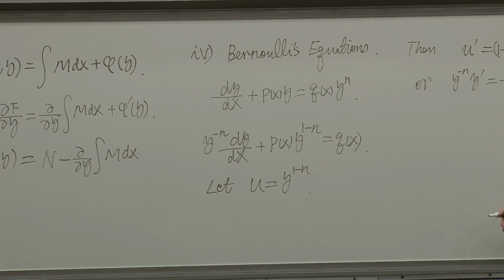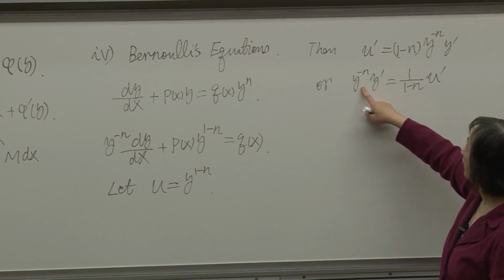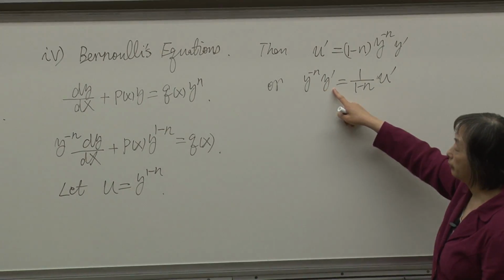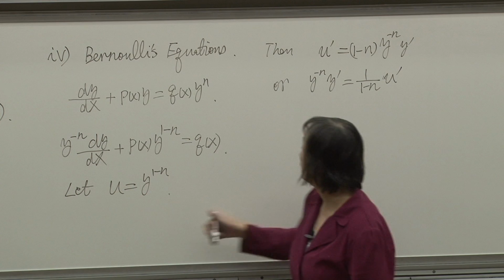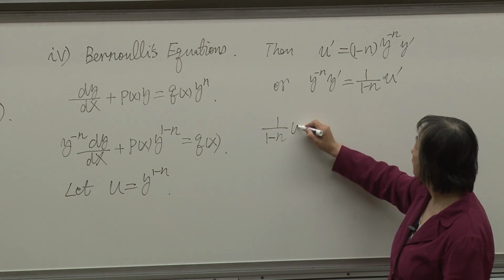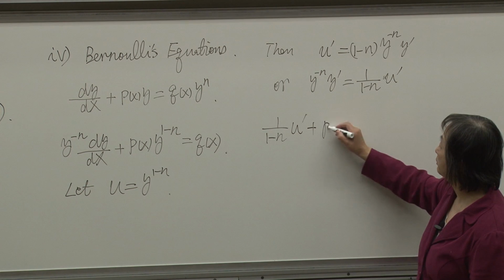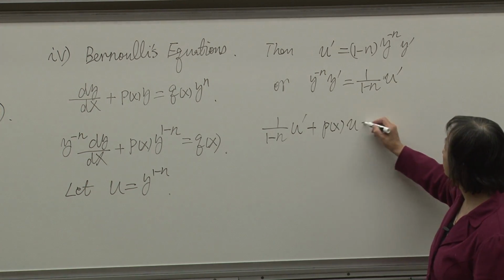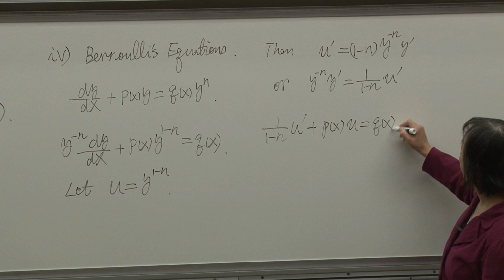Then we replace y to negative n times y prime as a first term by 1 over 1 minus n times u prime plus p of x times u equal to q of x.